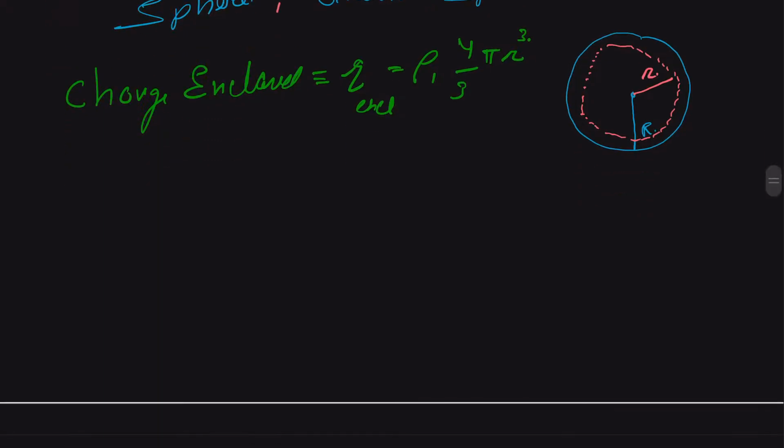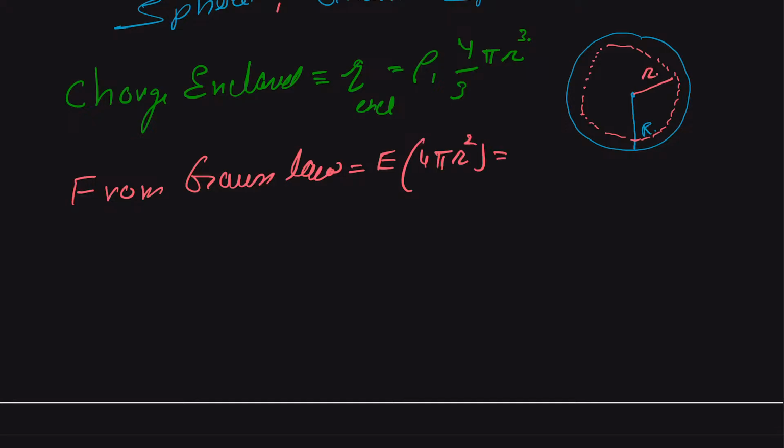And from Gauss law, we can write that our electric field times our area will be equal to our charge enclosed divided by epsilon naught.